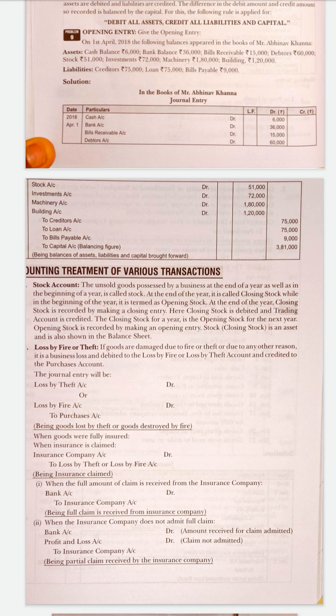Understood? Now, when the insurance company does not admit the full claim: the first entry is as when the full amount is received. The second entry is when the insurance company does not pay the full claim amount.